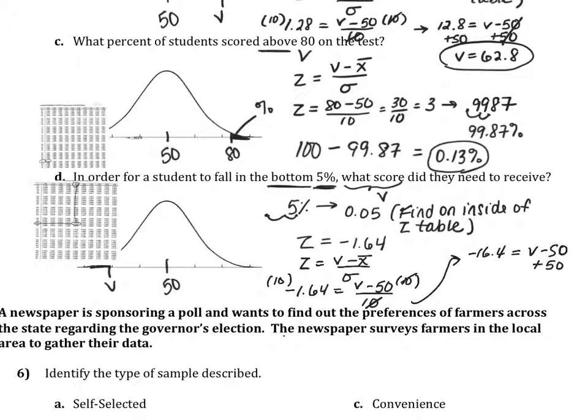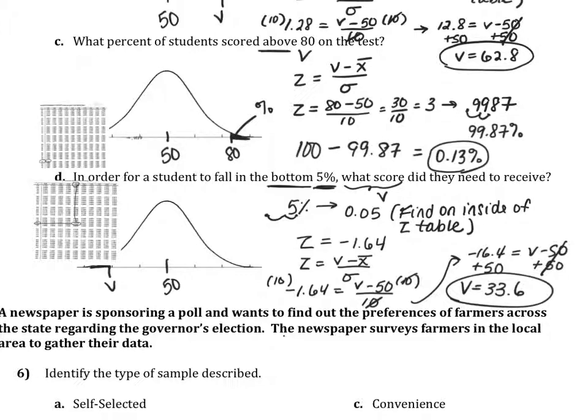Add your 50 to both sides. And when you do that, you get that V is equal to 33.6. So that's a cutoff score. That means that if you score a 33.6 or lower on this test, you are in the bottom 5%.